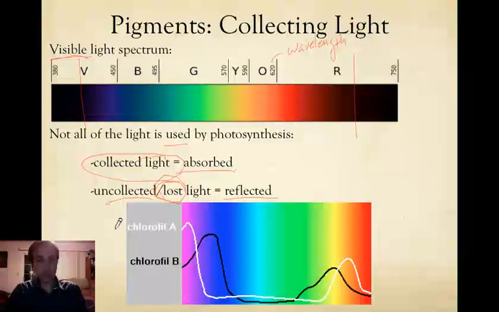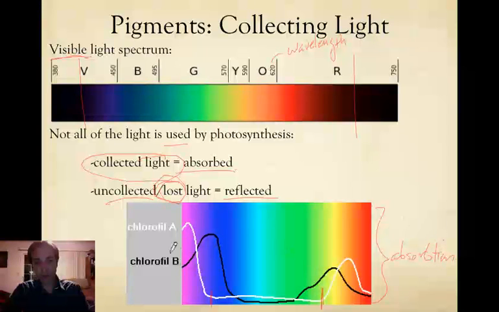So if we look at the two major pigments that are used by plants, chlorophyll A and chlorophyll B, chlorophyll A is really good at absorbing in this purple range. But as soon as it gets in the blue, somewhere around here, all the way over to about the green-yellow section, chlorophyll A is really bad at absorbing. Just so you know, on this graph the y-axis is all about absorption.